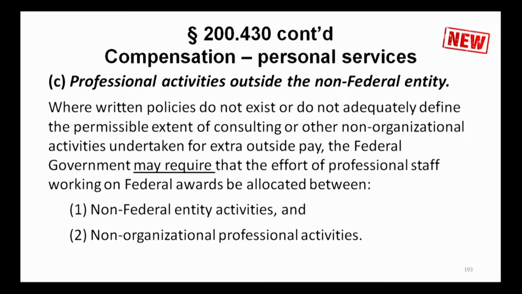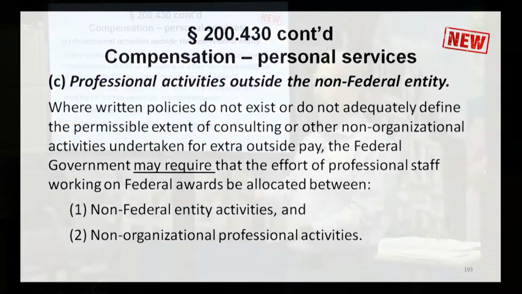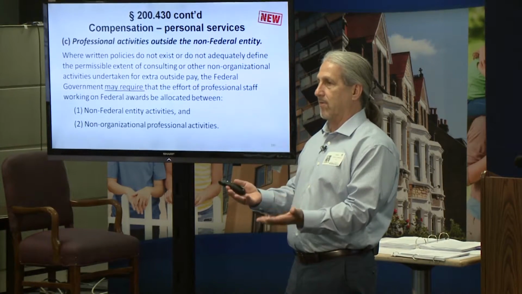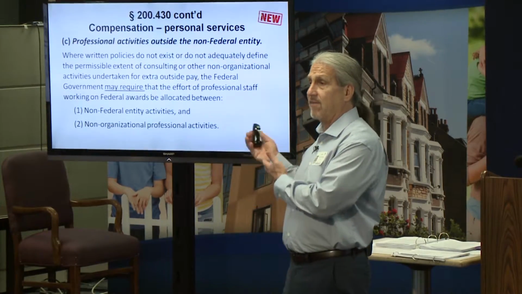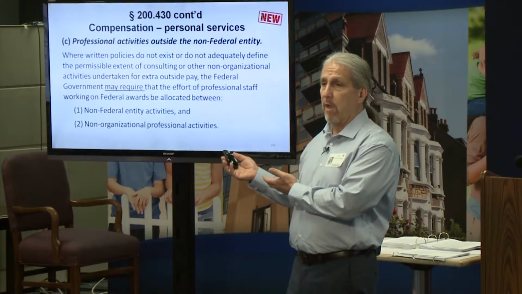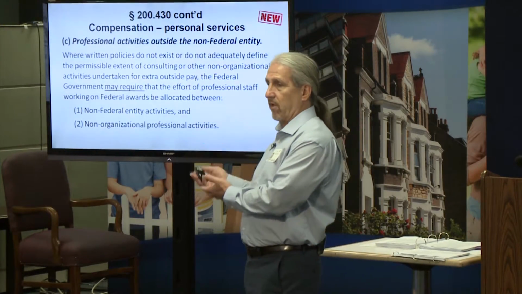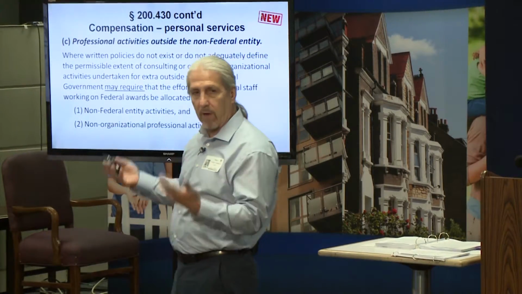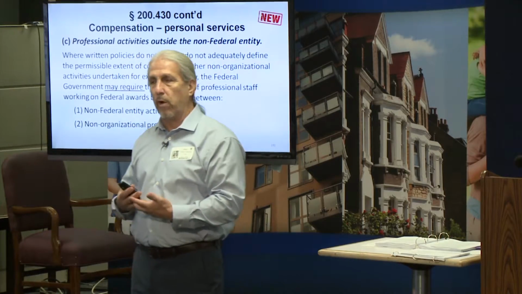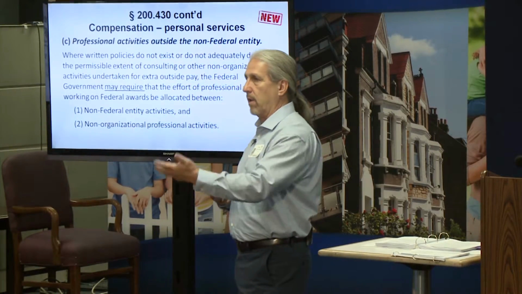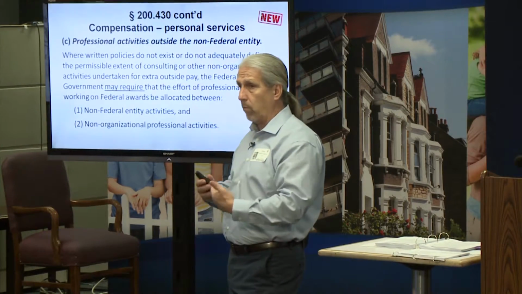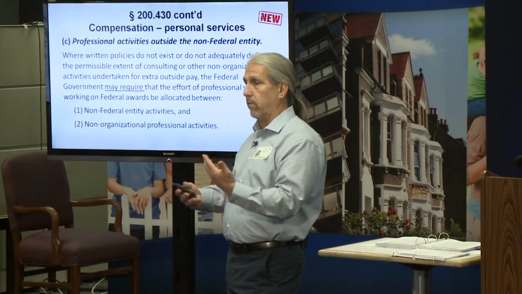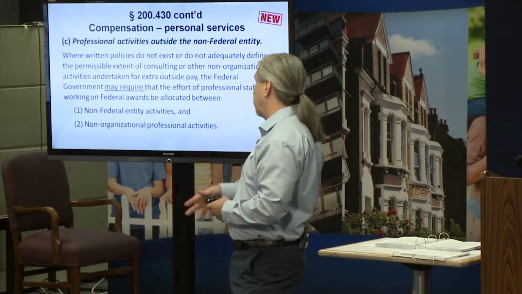So if it doesn't make sense on paper, if it doesn't compute, then this is where, and this is important to say, this is a may require. So it's really going to be if something comes to light as part of an audit or what have you, the federal agency may inquire more about how salaries are computed and the person's doing outside work. So it's a may.